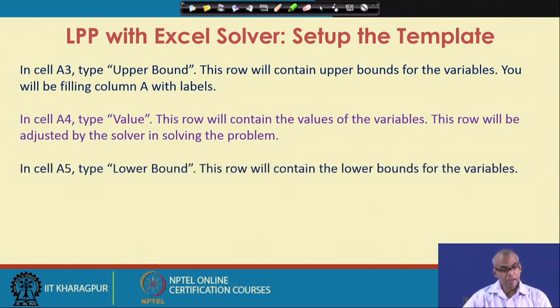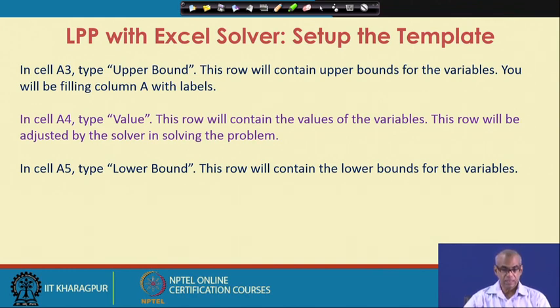So, in cell A5, type lower bound. This row will contain the lower bounds for the variables. Suppose you have three variables. In cell A3, you have typed upper bound, so B3, C3 and D3 will have the upper bound values for the variables.